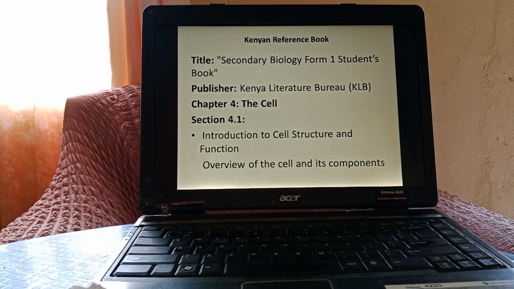So the Kenyan reference book, and as a teacher you know, is the Secondary Biology Form 1 students book. The publisher is Kenya Literature Bureau, or KLB.